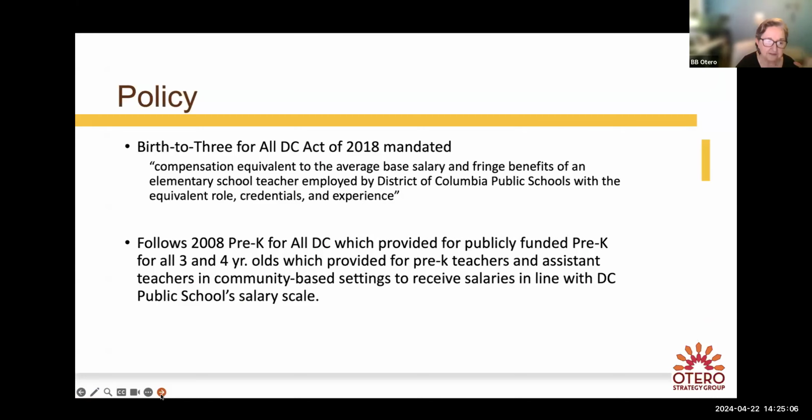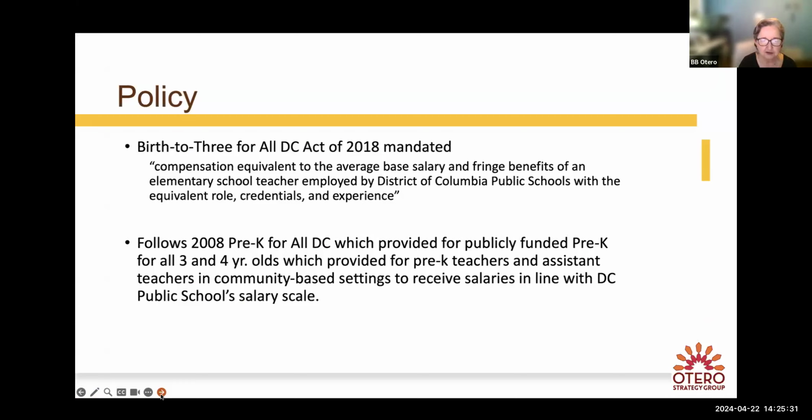And one of the aspects of this piece of legislation, it is a very broad systems piece that deals with a lot of the issues that were talked about earlier in terms of a system. But we'll focus today on one aspect of that policy, which is compensation equivalent to the average base salary and fringe benefits of an elementary school teacher employed by the public school system in the District of Columbia with equivalent role credentials and experience.